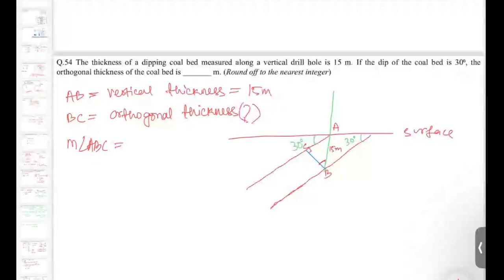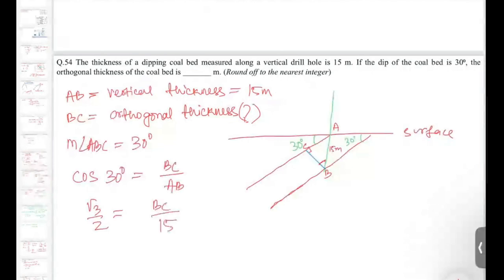So the measure of angle ABC should be equal to 30 degrees, and if you have to find out BC, you have to take cos 30. Cos 30 degrees will be equal to BC by AB, and it should be equal to root 3 by 2. This is BC that you have to find out, and this is 15. So the value of BC will be equal to 15 root 3 by 2.